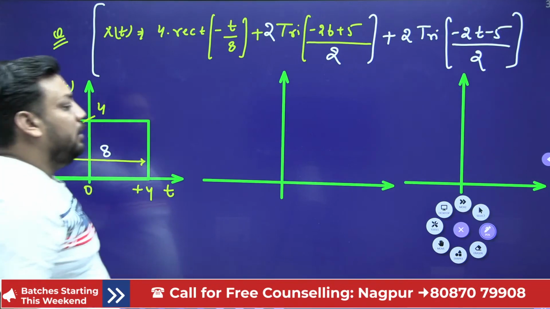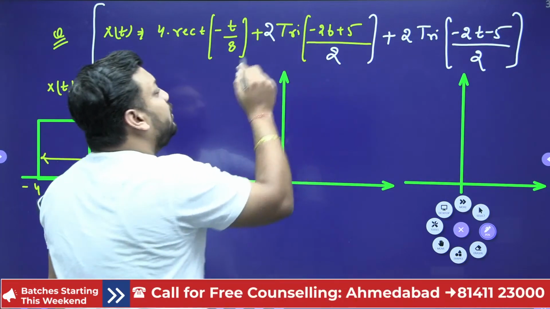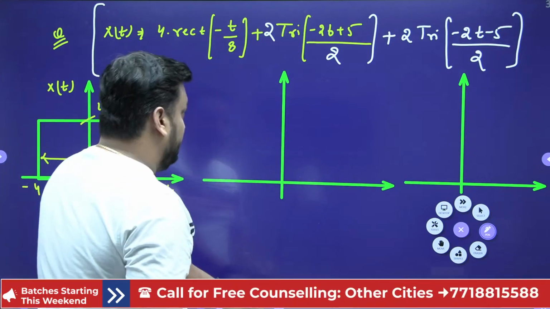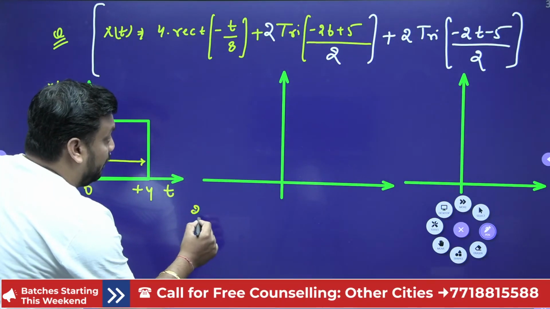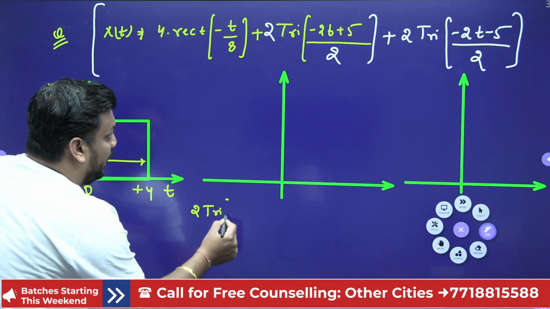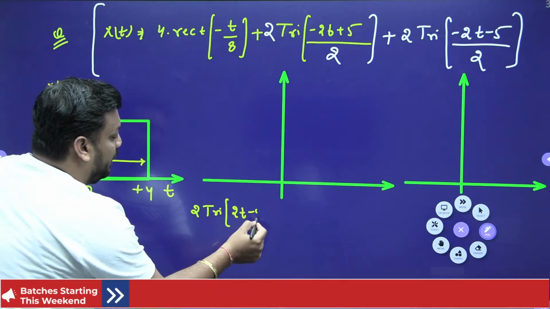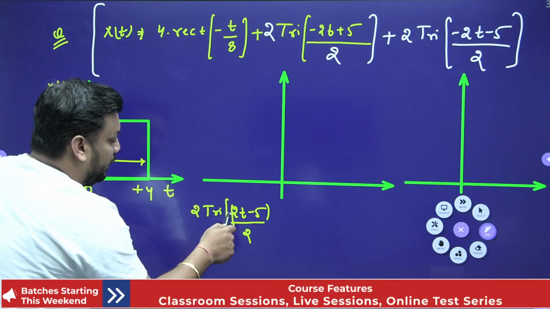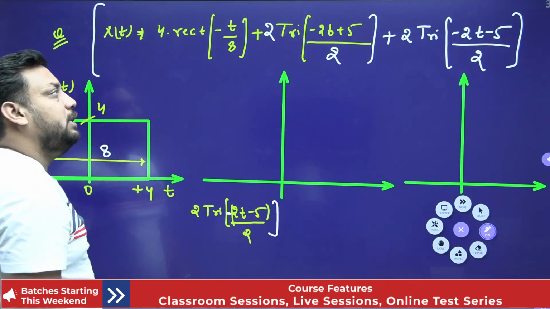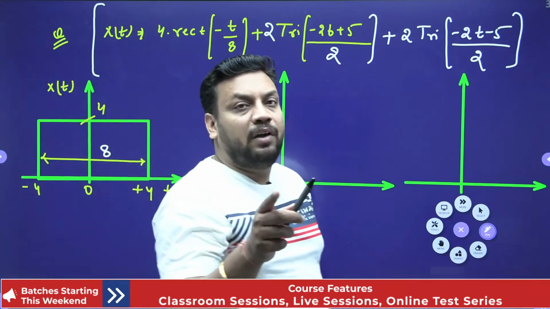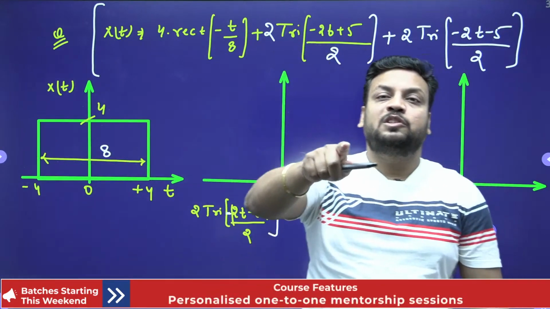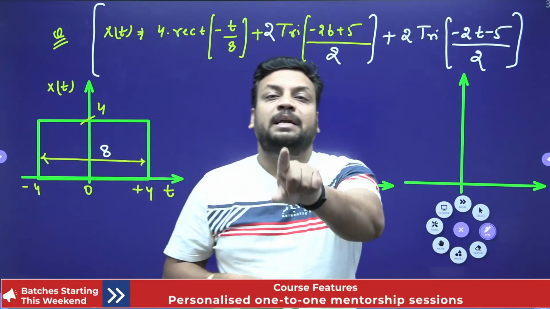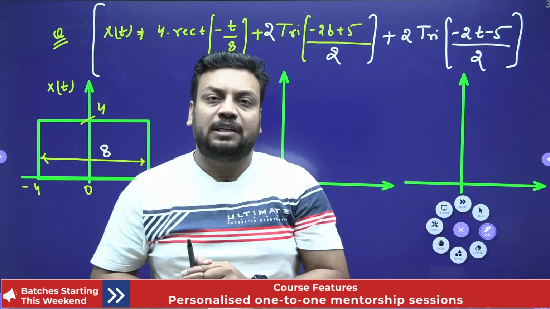Now, students, we should make a triangular pulse. What do you mean by -2t plus 5? If I write separately here, I am writing 2 into triangular of 2t minus 5 upon 2, and I am taking the minus outside. Why am I taking the minus outside the bracket? Because I know very well the triangular signal is also an even signal, and an even signal is always independent of the time reversal operation.